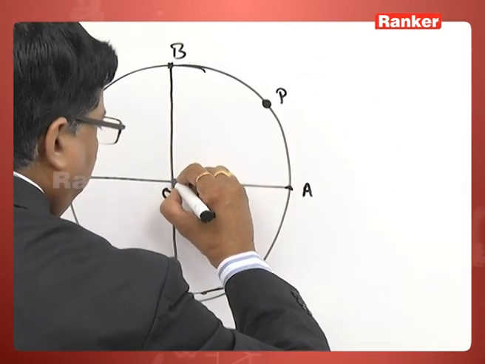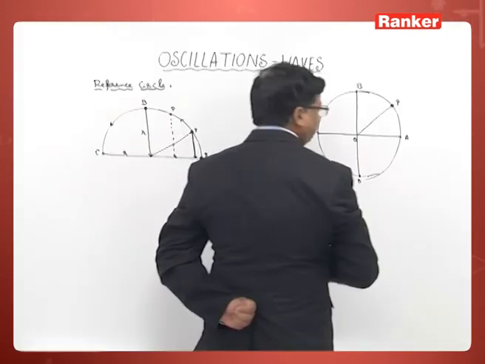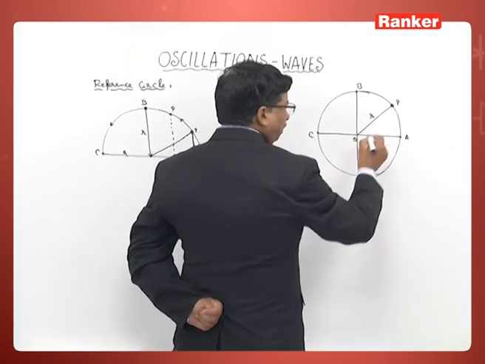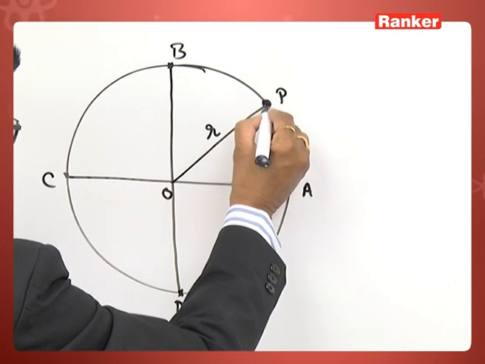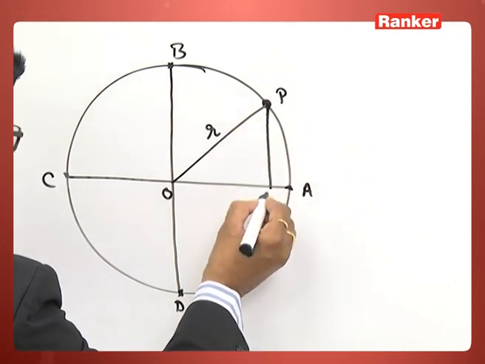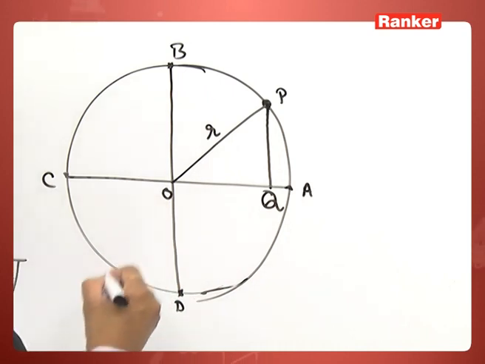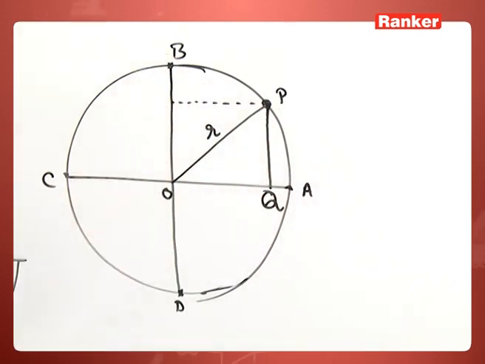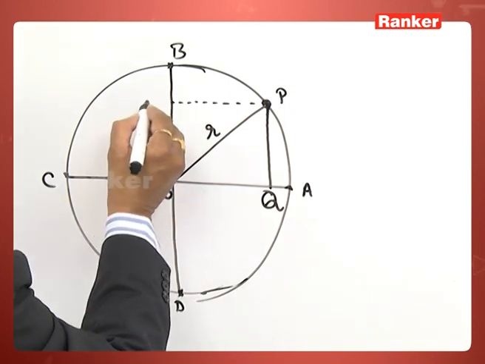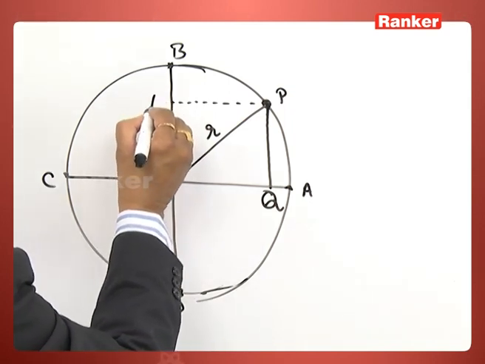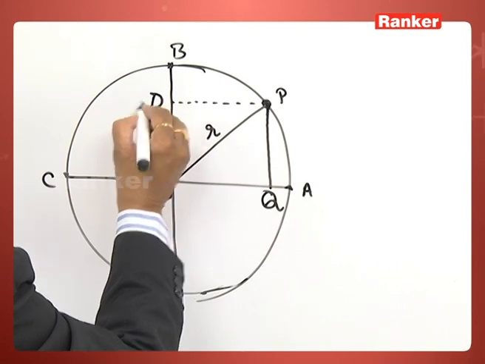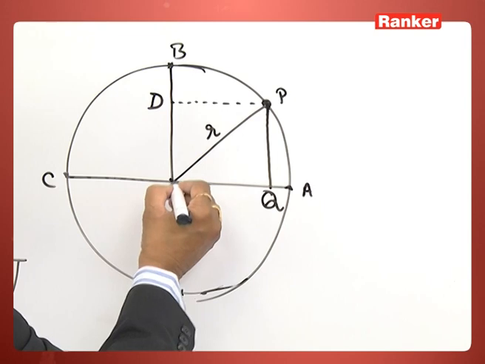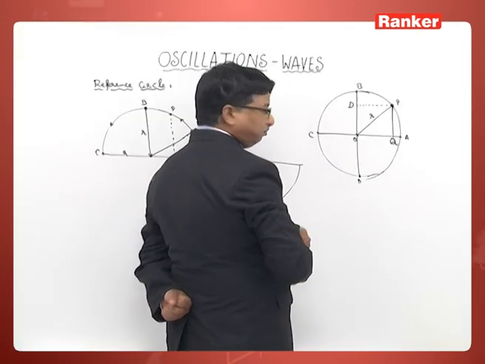When I join this O with this point P, this becomes the radius. When I draw one perpendicular from this point P, and call this one Q, and if I drop one more perpendicular onto the y axis, and take this one as D, then what we can understand is that this OP is the radius.